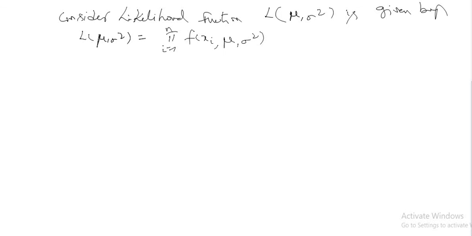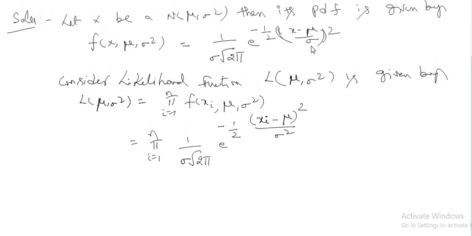Now what we do is just write down the function: product over i equals 1 to n. In place of x you write xi, that means 1 by sigma root 2 pi, e power minus 1 by 2, xi minus mu whole square by sigma square. I am writing sigma square outside, 1 by sigma whole square, I have just written the denominator separately. Okay, that's all.